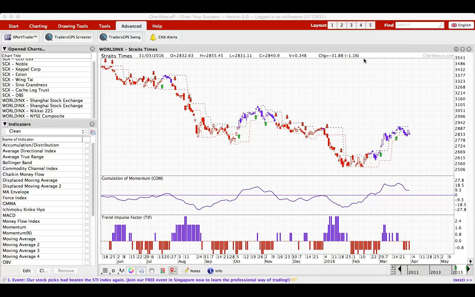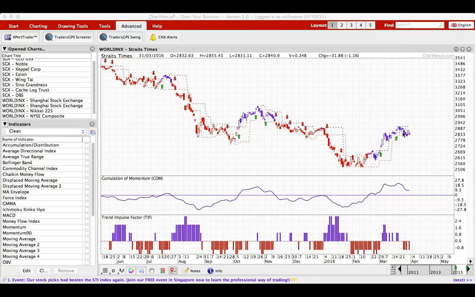So again for this STI, right now there's no more down, but the up has slowed down, and right now it's a weak uptrend.